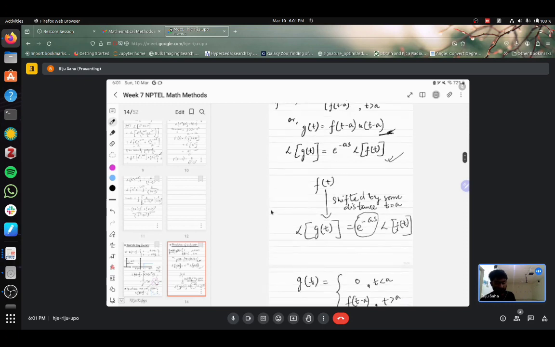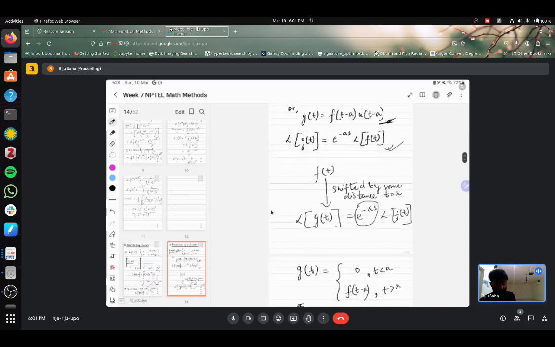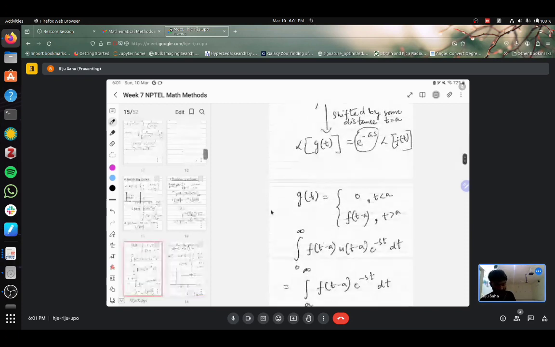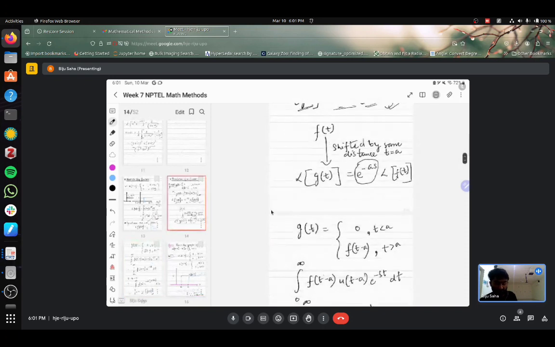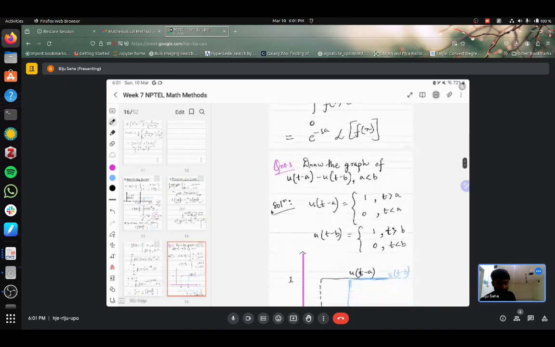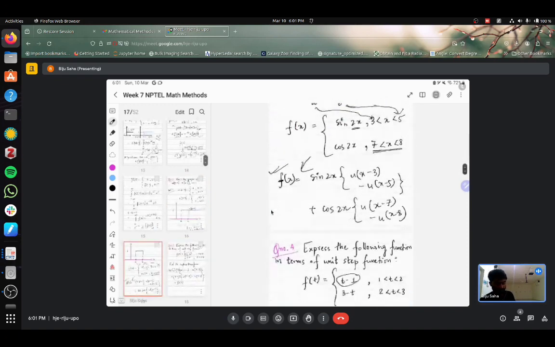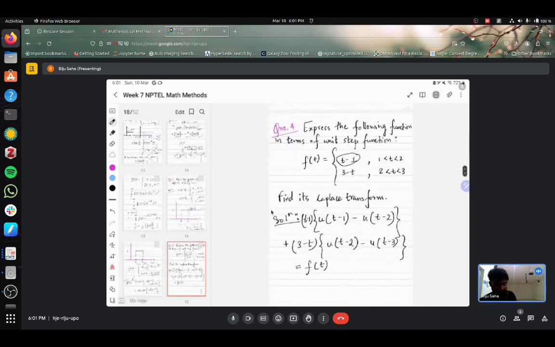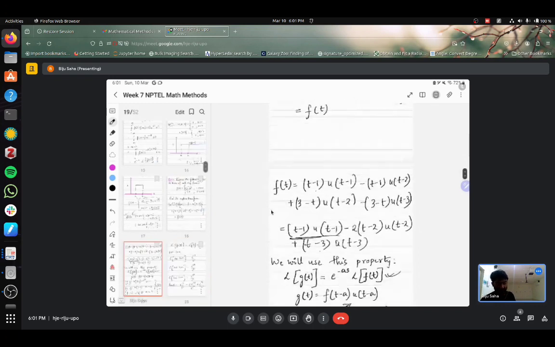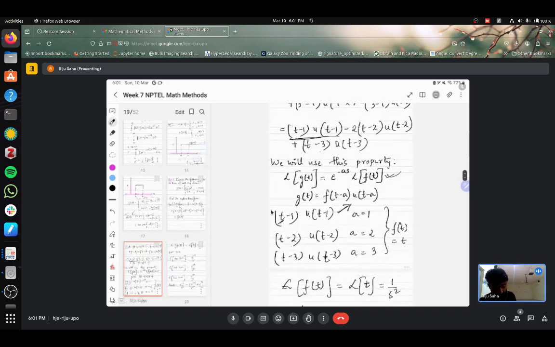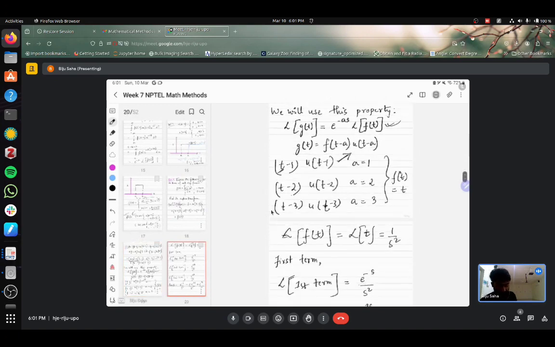So the Laplace transform of the translated function can be expressed in terms of the Laplace transform of the original function by this form. This property was helpful a lot of times earlier, so it is very important. Next we expressed a function in terms of the step function, and then used that property to find the Laplace transform.